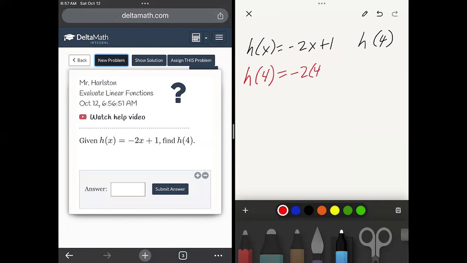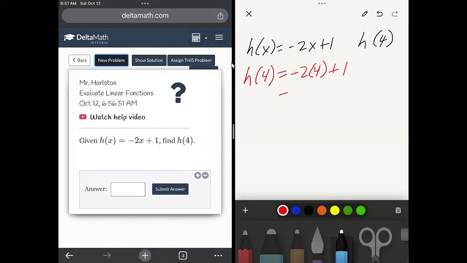The parentheses are important. Some students are like, why do I need to put the parentheses? They help you, especially when you have a negative input and you're squaring, cubing, quadrupling, anything like that. So just trust me on this. When you have an input, put it in parentheses.